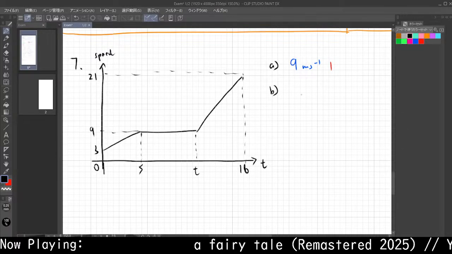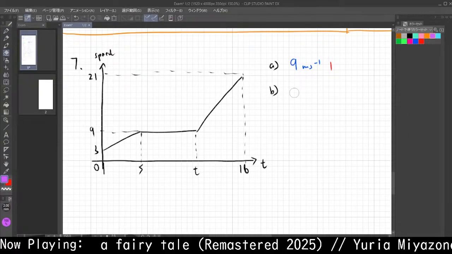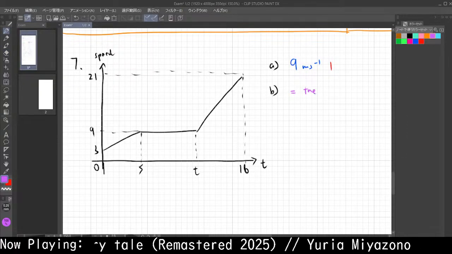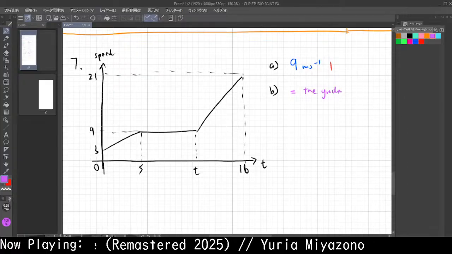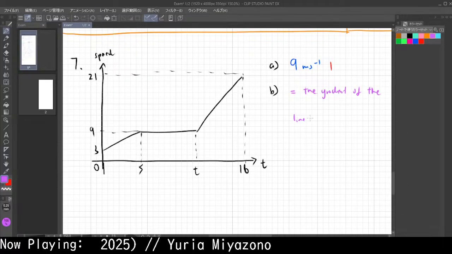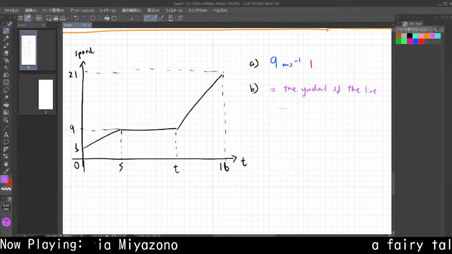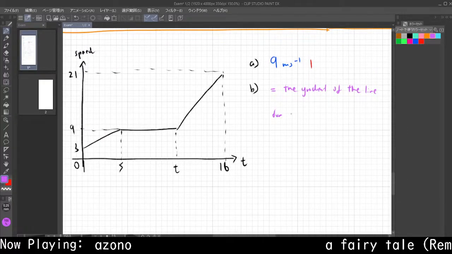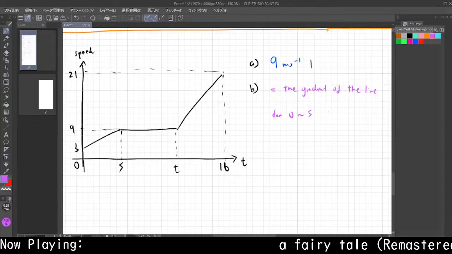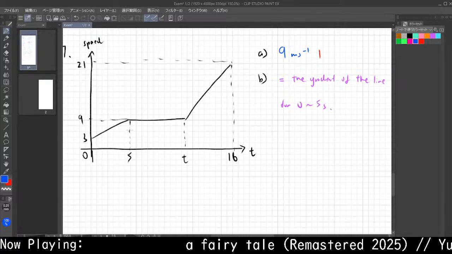So this equates to the gradient of the line. Let me just move this a bit. The gradient of the line for 0 until 5 seconds. Okay, so you just use this.